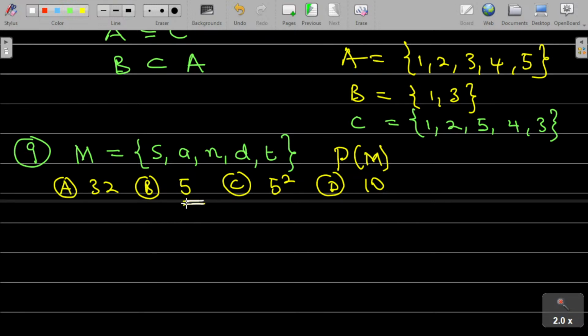Option B is the cardinality of M, but not the cardinality of the power set. If you want the cardinality of the power set, you raise 2 to the power of the cardinality of the set. So 2 to the power of 5 gives you 32. So our answer is A, 32.